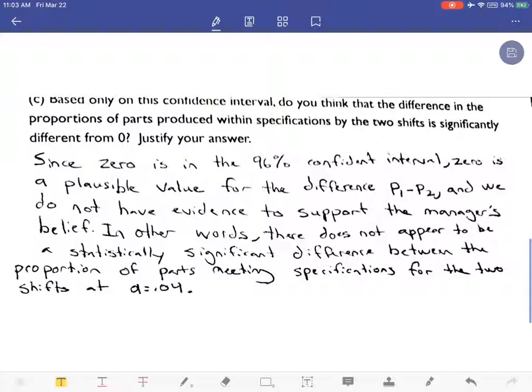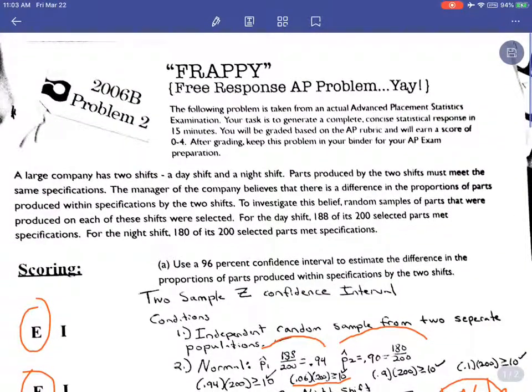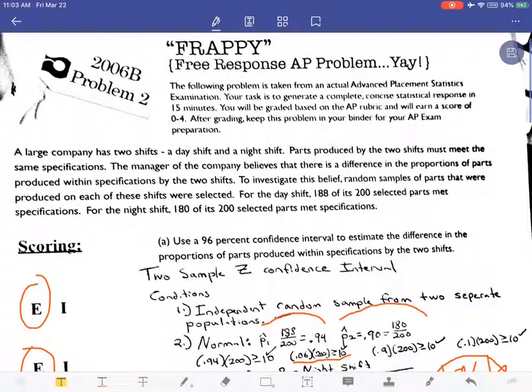So the way that the scoring is set up on this problem is your final score would have been out of 4. So if you have gotten all 4 essentially correct, you would have gotten 4 out of 4.